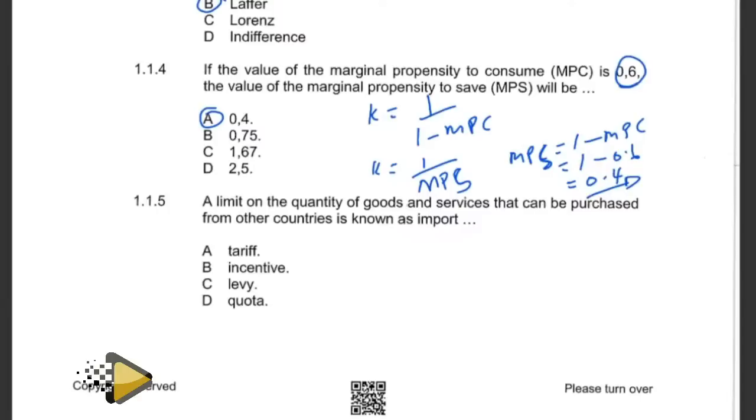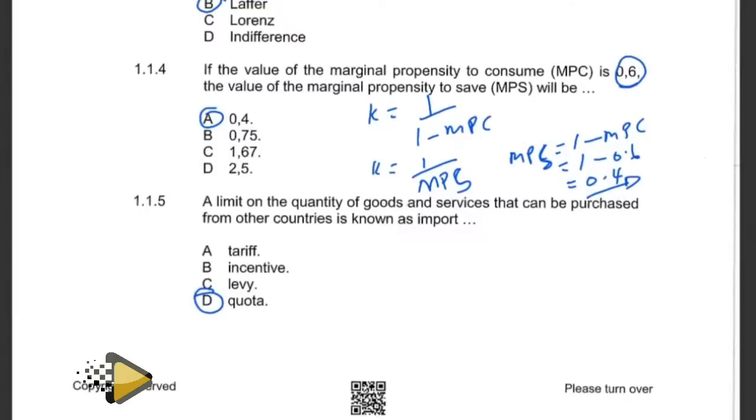Then we talk of a levy. Levy in this regard refers to a charge. So now we have a quota. A quota refers to a limit of quantity, or a certain quantity that is allowed to be imported into a certain country. So it means in this regard, our appropriate answer is going to be D.